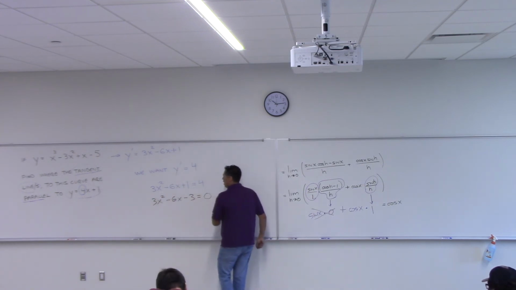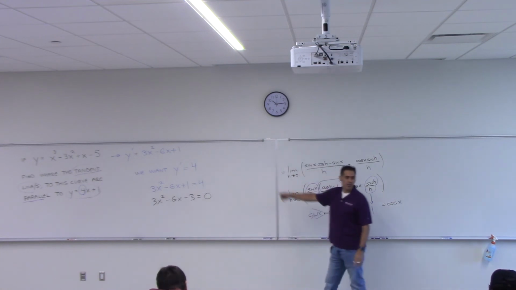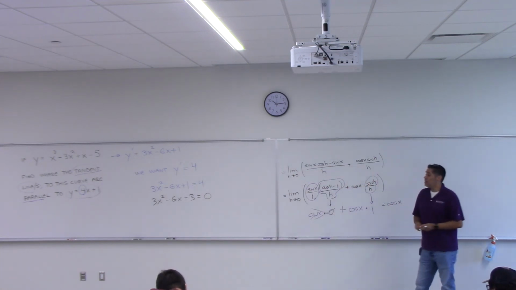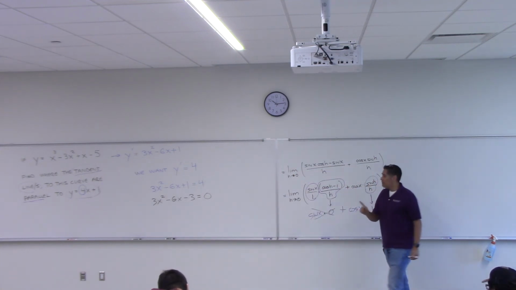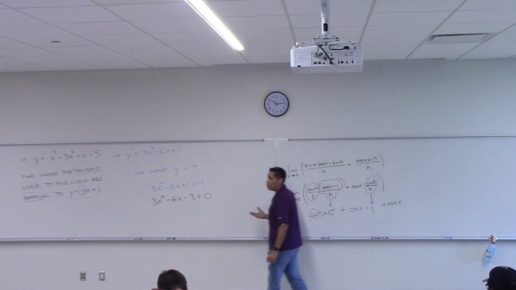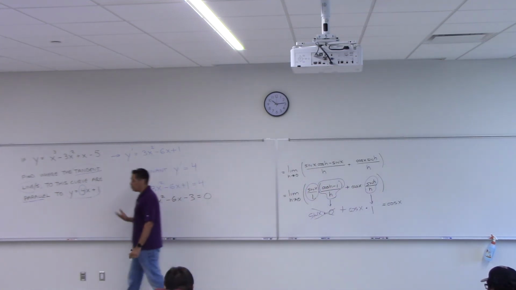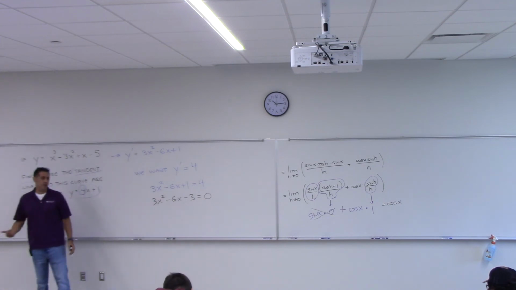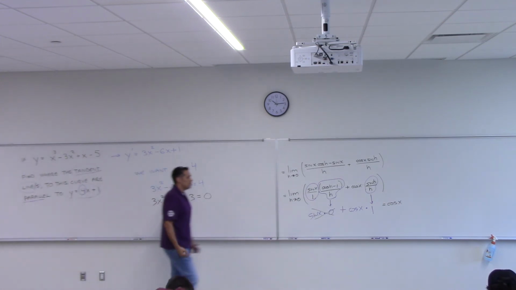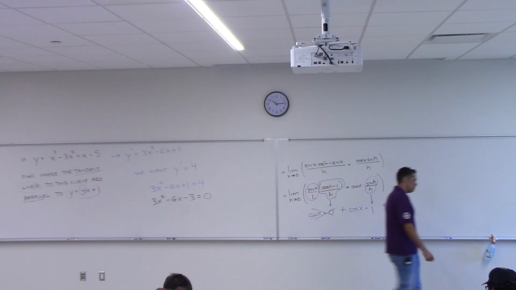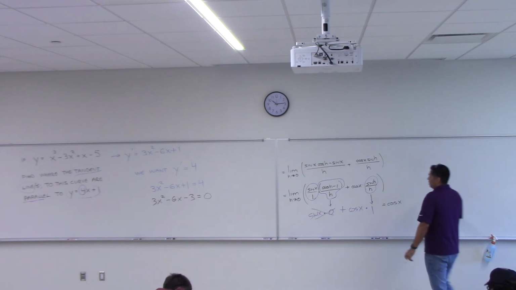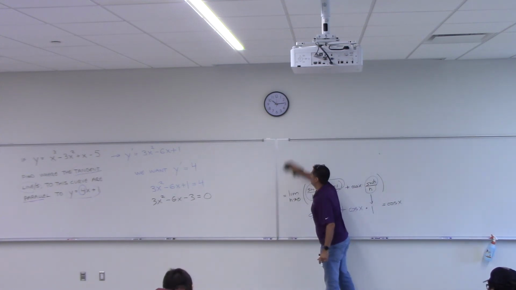Bring everything to one side, right? Bring all terms to one side, set it equal to 0, and then try to factor. If factoring fails, you always have what? The quadratic formula, right? You've always got the quadratic formula to fall back on. So I don't see that factors. I don't think it does. Yeah, so we're going to need the quadratic formula.